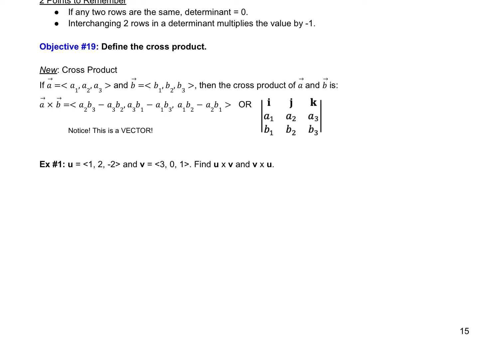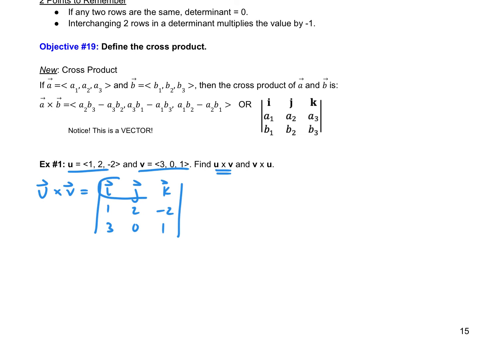So let's look at an example and see practically how this calculation works. We have this vector u and this vector v, and we are finding u cross v. The first thing I'm going to do is set up my determinant. It's always going to have i, j, k. I then have vector u and vector v.